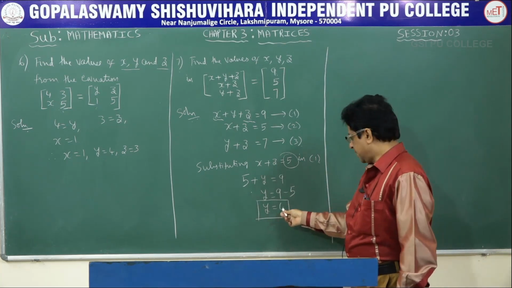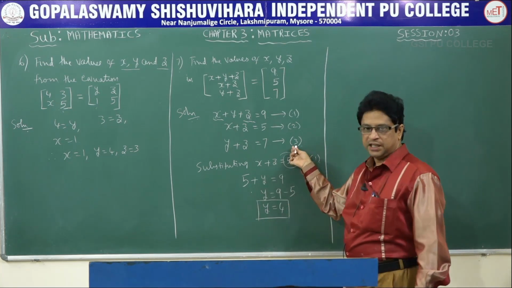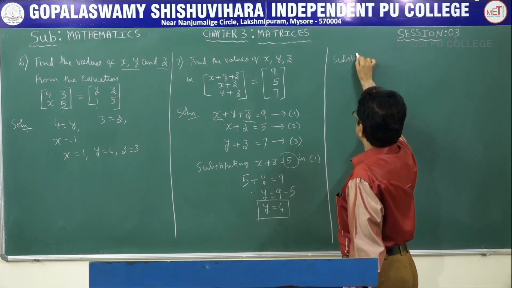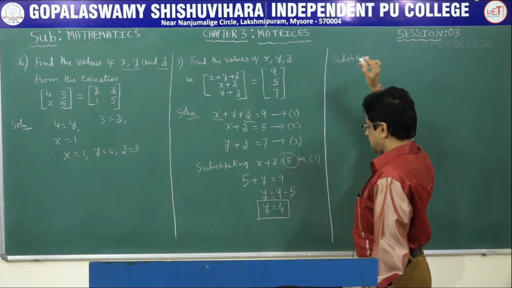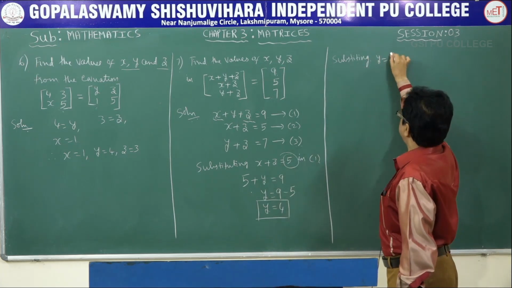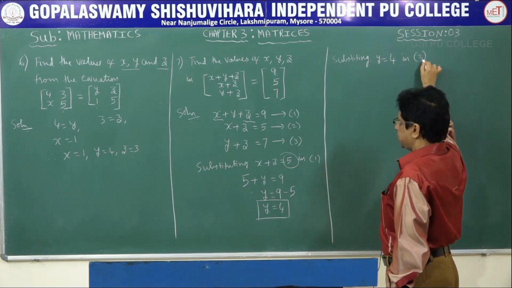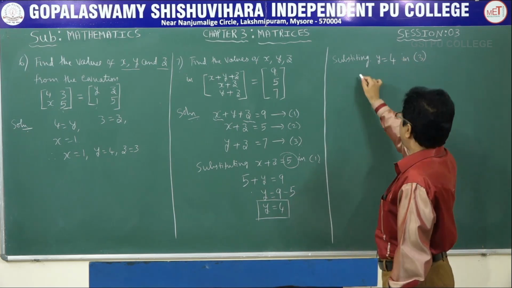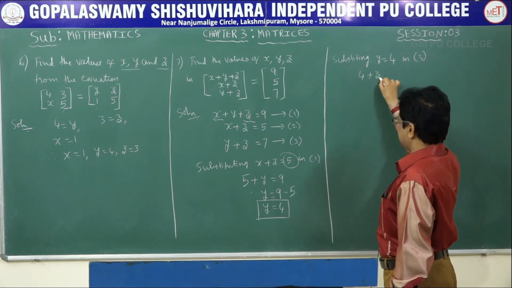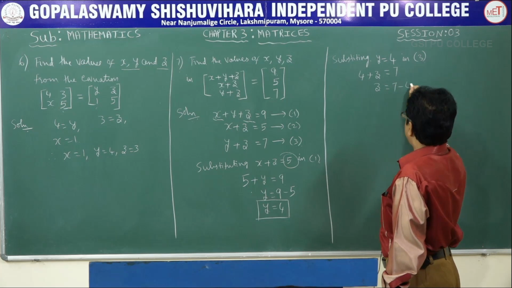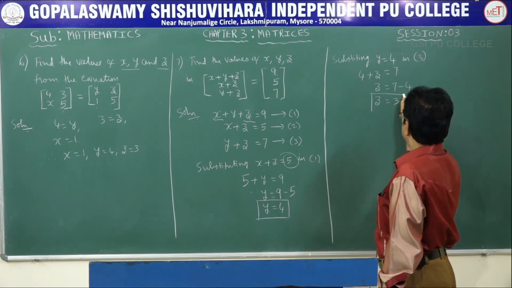Substituting y equals 4 in equation 3. So we have 4 plus z is equal to 7. So z equals 7 minus 4. So z equals 3.